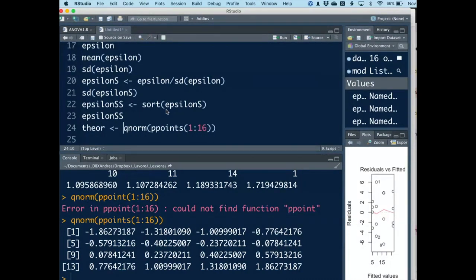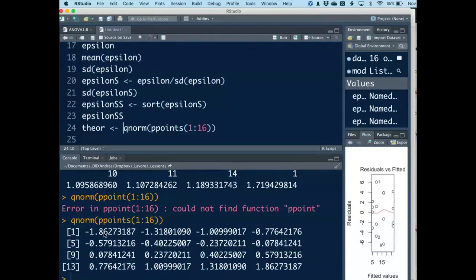That's to say that these are theoretical points from a standardized Gaussian distribution. So if I take 16 points from a standardized Gaussian distribution, these points should look like this. And you see that's interesting because they are like a normal distribution.